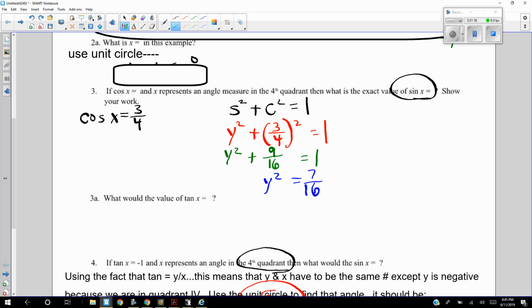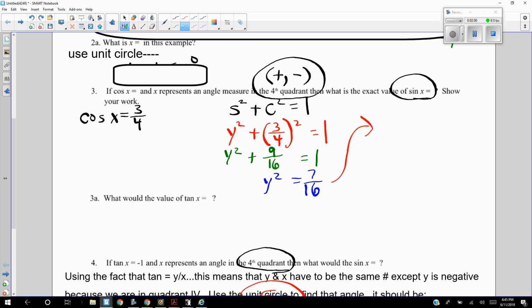And if you remember from the quadratics unit, when you square root both sides, you get a positive and negative answer. But since we're in the fourth quadrant, we know in the fourth quadrant, x is positive and y is negative. So that means we're only going to look at the negative answer when we take the square root of both sides.